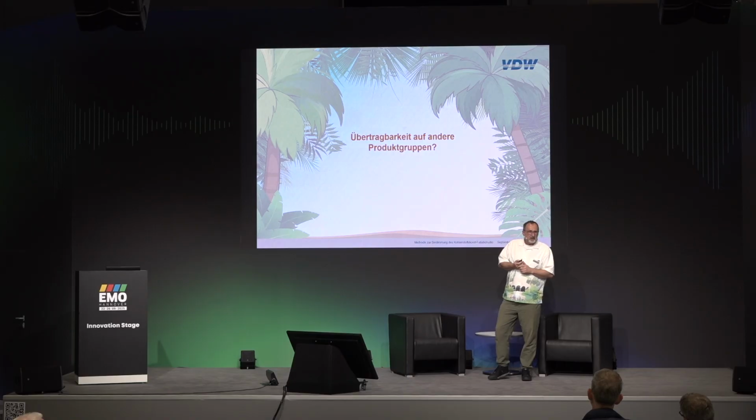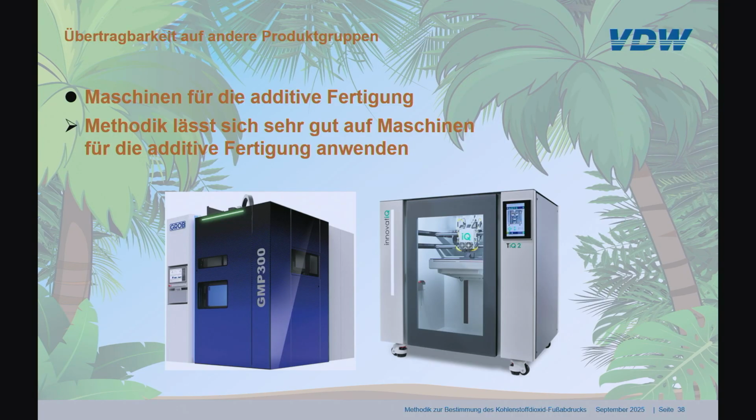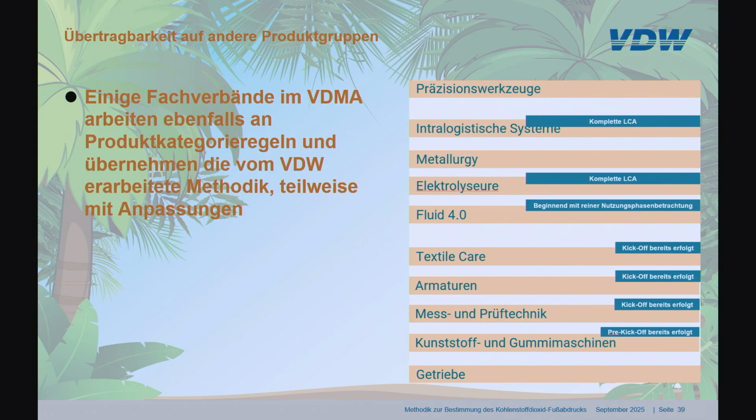So the next question is, is this something that can be transferred to other product groups? We did it mostly for machine tools, that are chipping tools and forming tools, but we also have noticed that it applies to additive machines too. The method can be used there. In fact, since I work for the VDW, I'm responsible for machine tools.